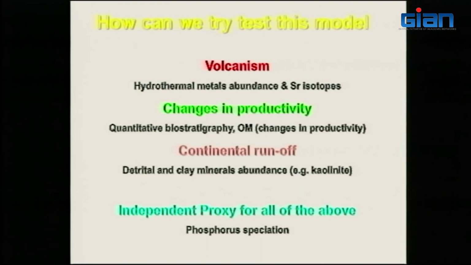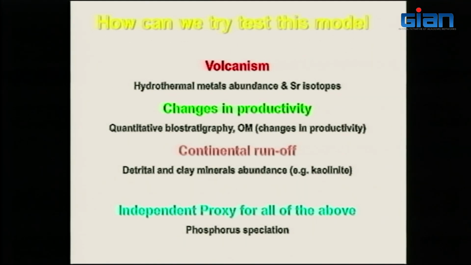And the continental runoff, well, we can do several things: use elements in order to infer the increasing or decreasing alteration, detrital input, and the clay minerals abundance may also be a very nice tool that I am using quite a lot in order to infer climatic change from, for example, arid to humid climate, or inversely.